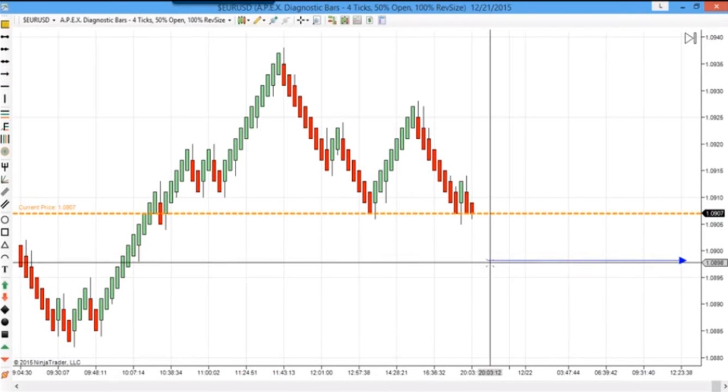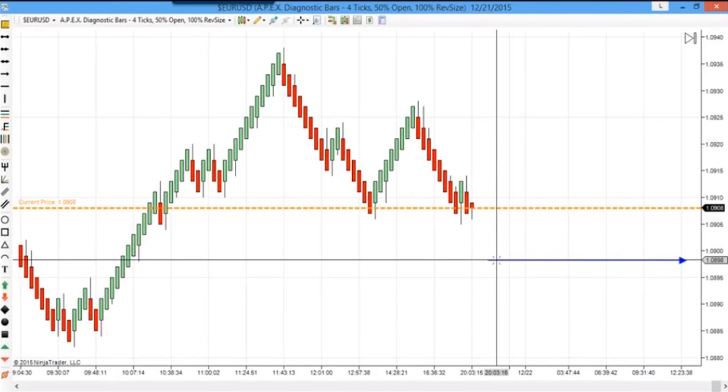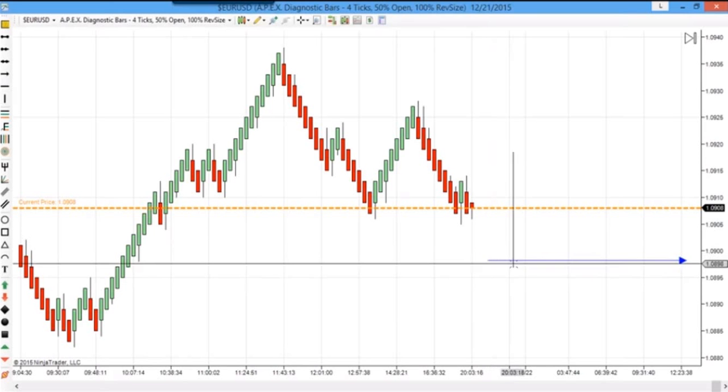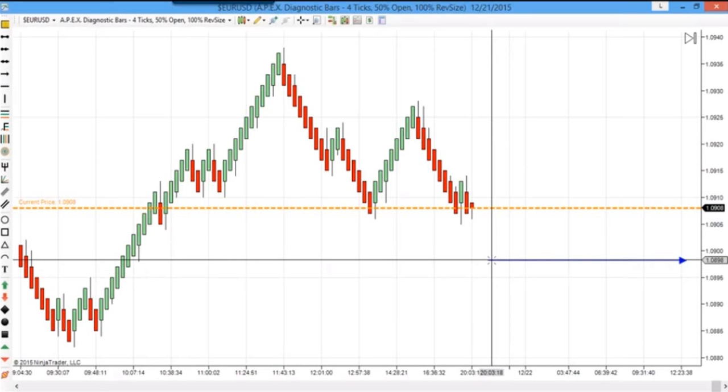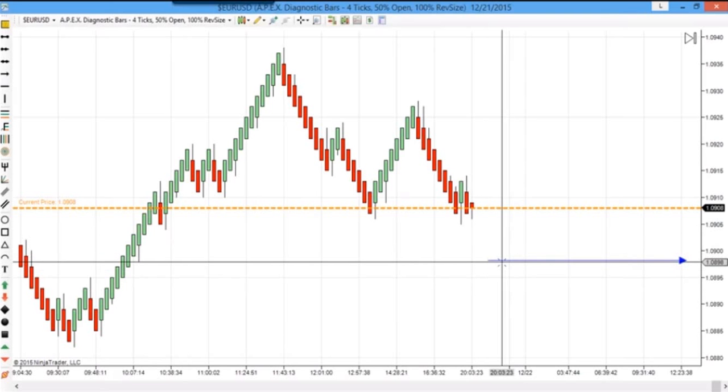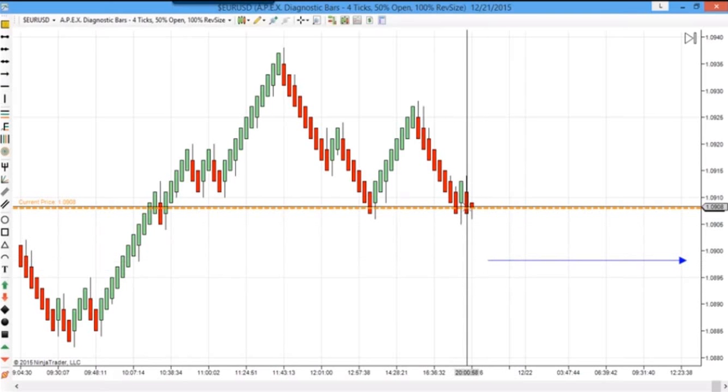So if I buy this strike price right here, what am I saying? If I buy this, I'm saying that the euro dollar will be greater than this price. Well, it's already greater than that price, isn't it?